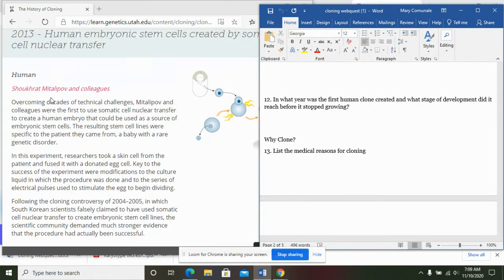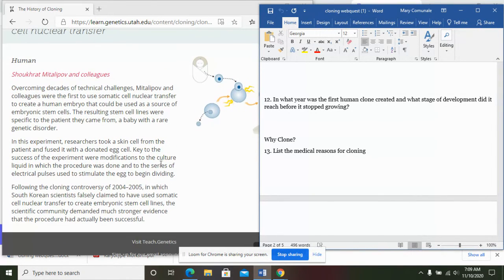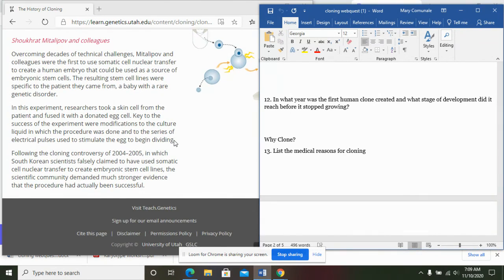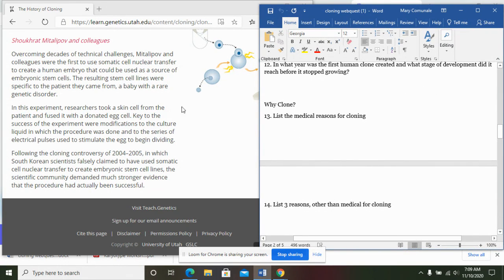So here we got it, is that 2013, the human embryonic stem cells? Crazy things.